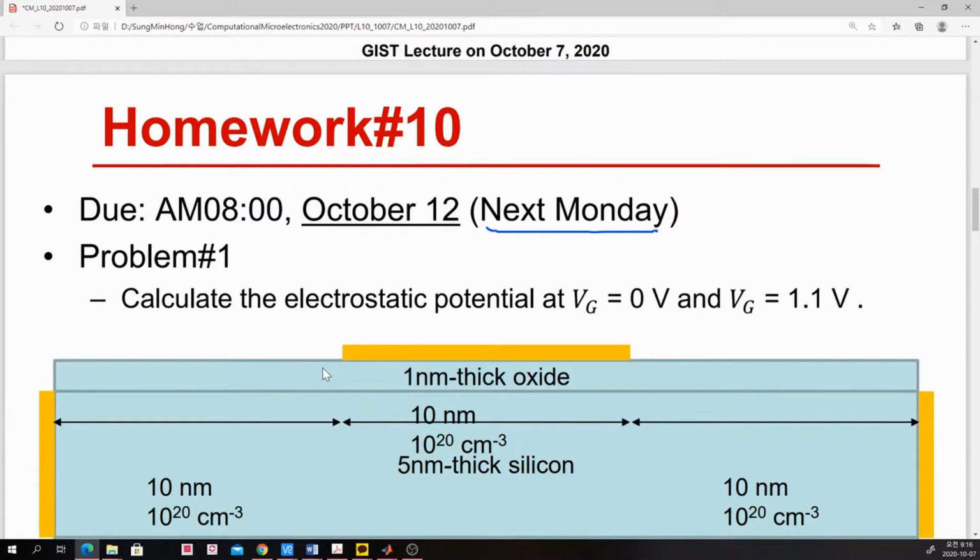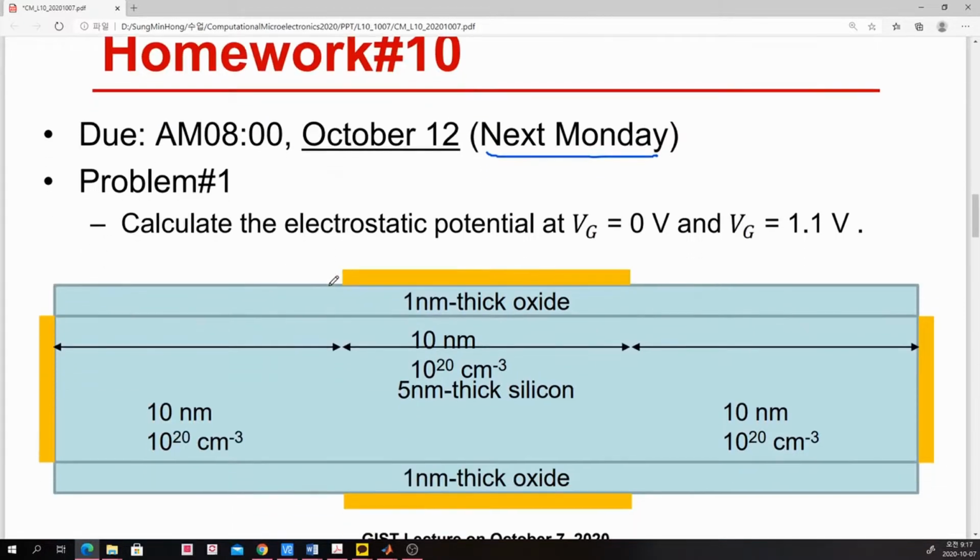This is not a trivial problem. Compared with your homework number 9, which I said was a trivial problem, this homework number 10 is not trivial at all, and you may have many difficulties in solving this problem. So I strongly recommend you once again to start now.